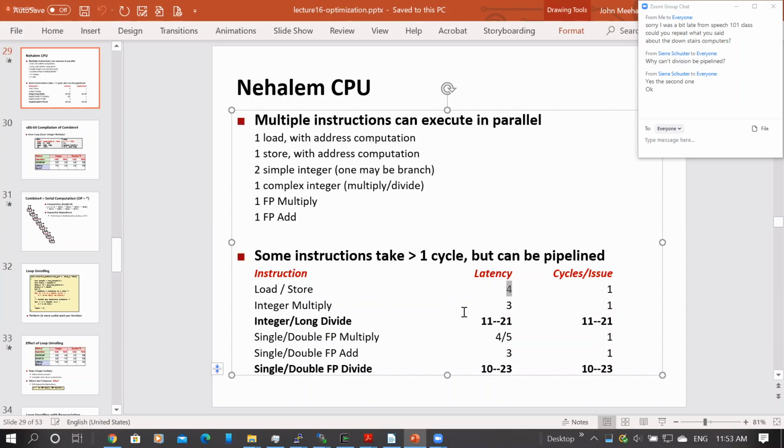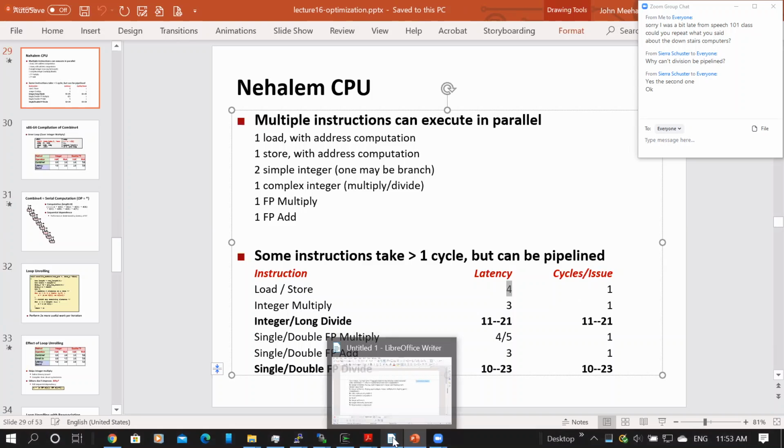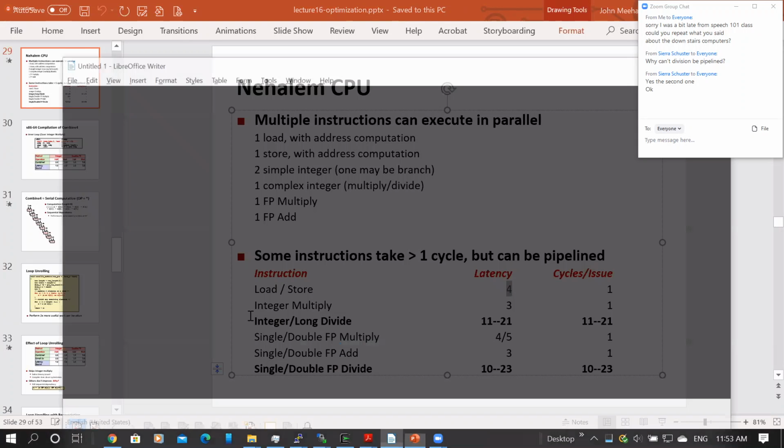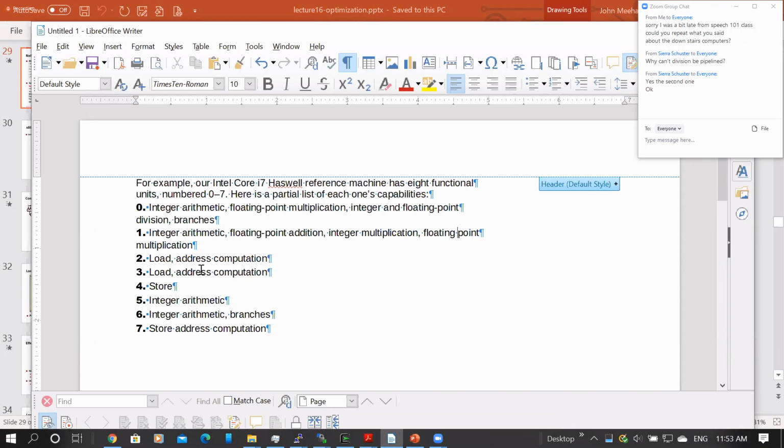In your Haswell, you have 2 paths going to memory, so each one can be pipelined. They still have a latency of 4, but you have 2 paths, so you can have 2 things going independently, pulling things out of that cache, and each of these can be pipelined.